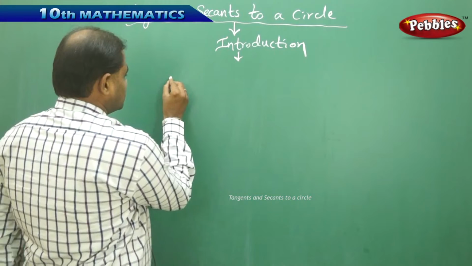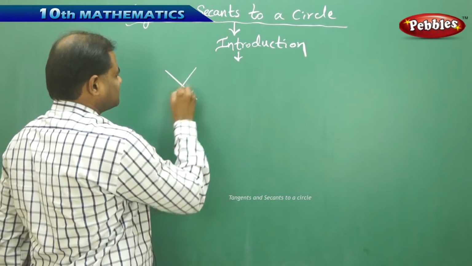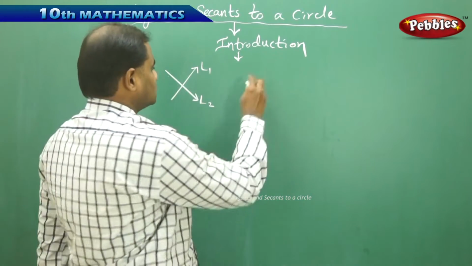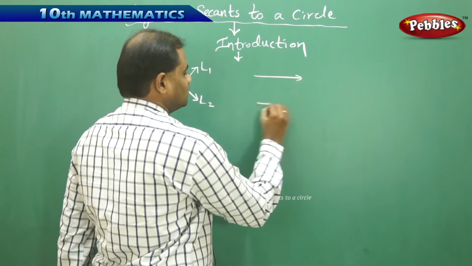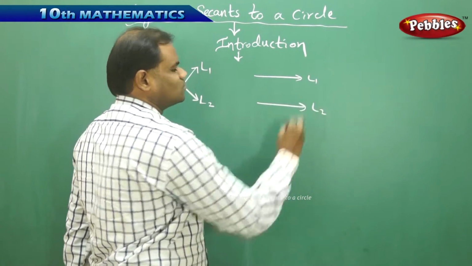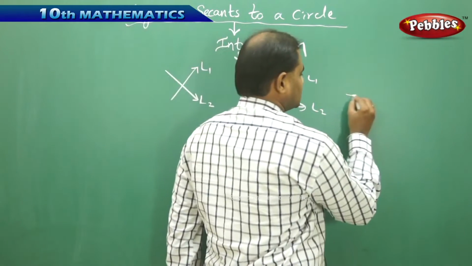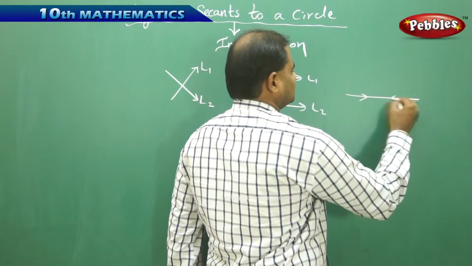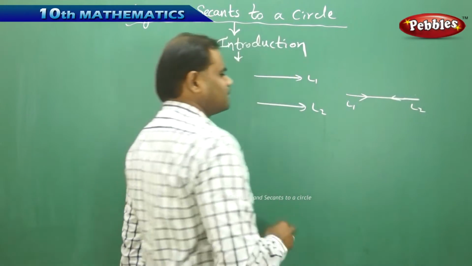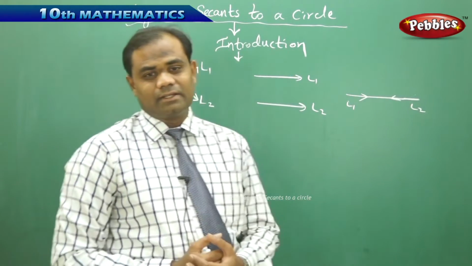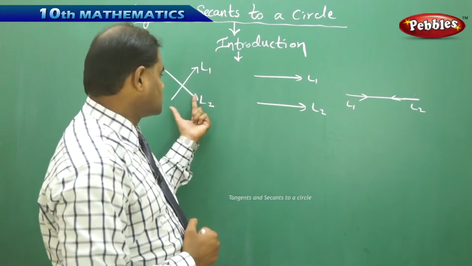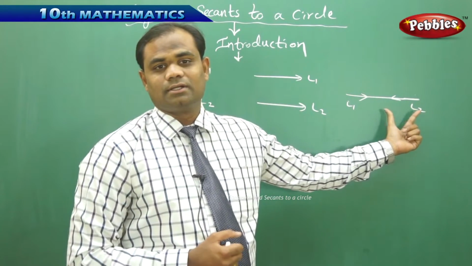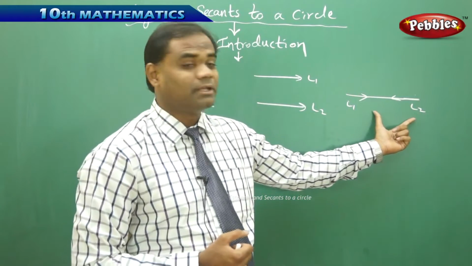The straight lines were identified either to intersect, the line L1 is said to intersect L2, or the second possibility was the line L1 was parallel to L2, and the third possibility was that the lines L1 and L2 coincide. So there were three different cases in the case of straight lines: either intersecting, or being parallel or non-intersecting, or coincident, intersecting at infinitely many points.